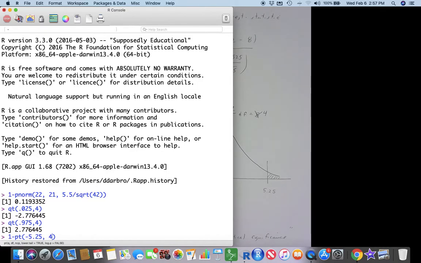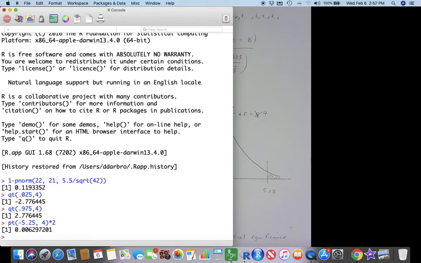Now, sorry, I don't need the 1 minus there, because pt gives me the area below. So I can just go ahead and multiply by 2 because I have to account for both. And I get 0.006, actually 0.0063, rounded correctly.